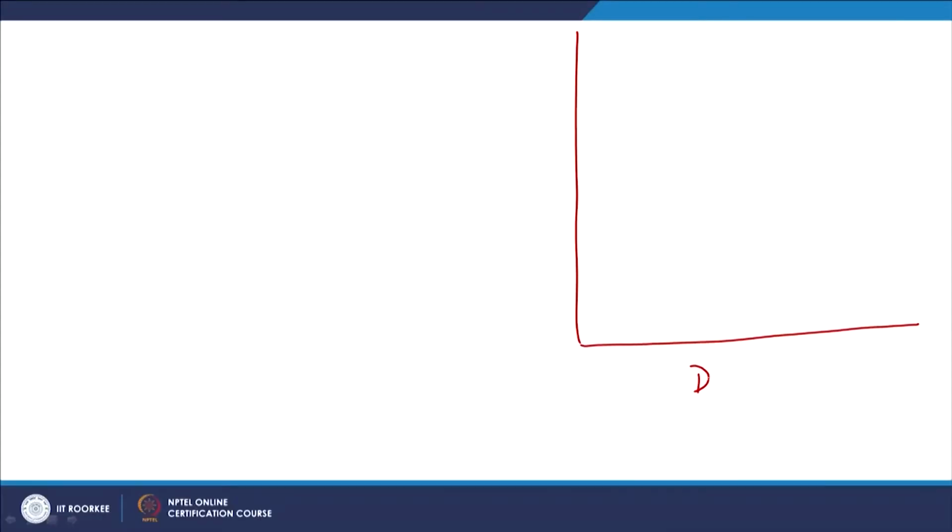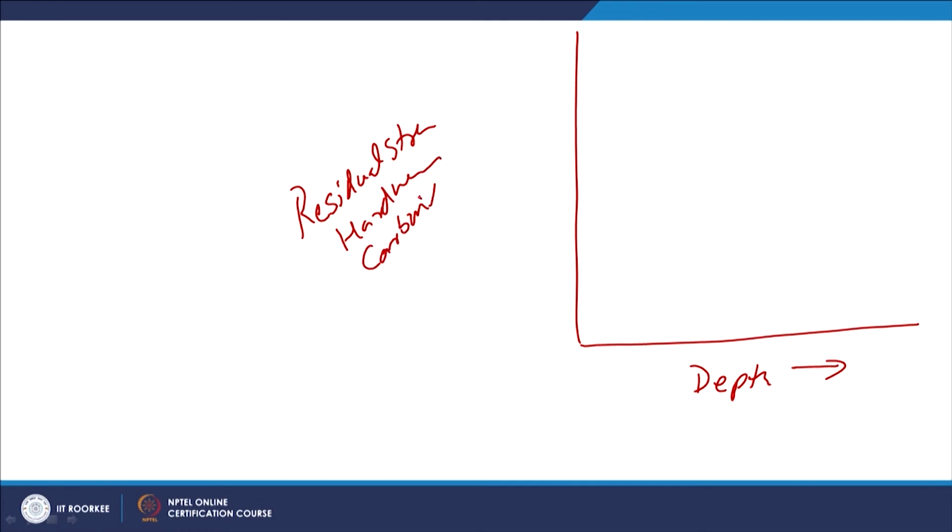Now, I will draw one plot which will show the variation in the residual stresses, hardness, and carbon percentage. All of these will be shown in the y axis in one go.